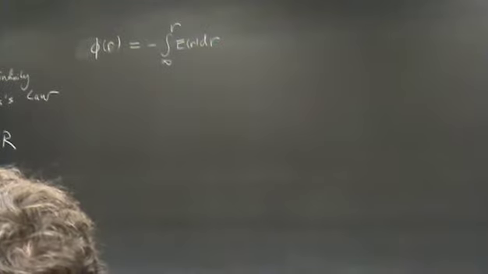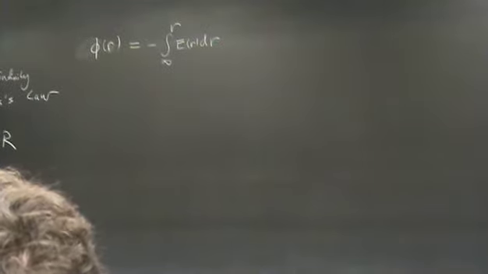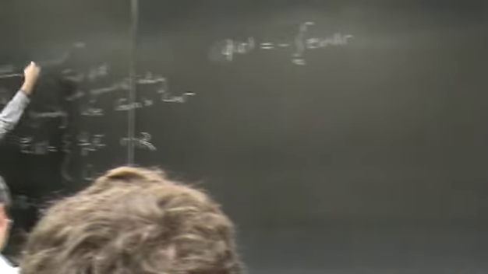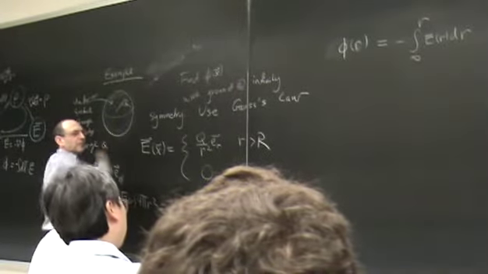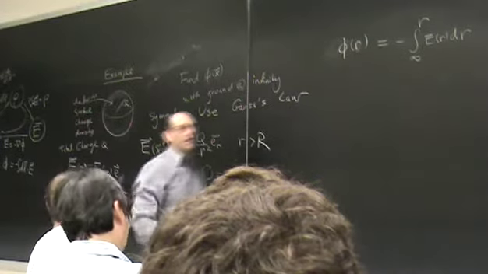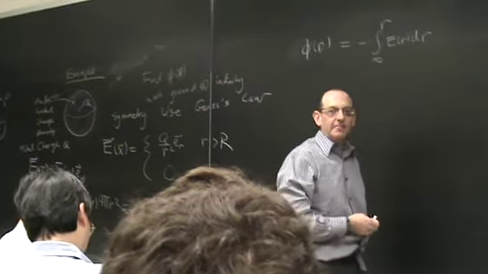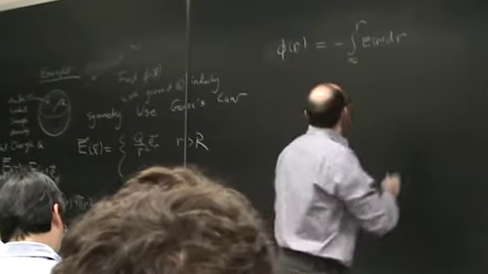So ground, here's infinity. If you ever wondered what infinity looked like, here it is. And then we're coming in to whatever radius r along the radial line segment.